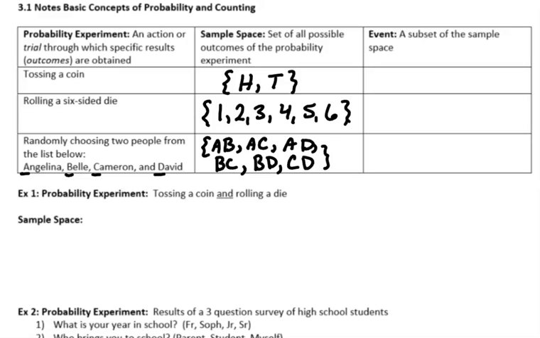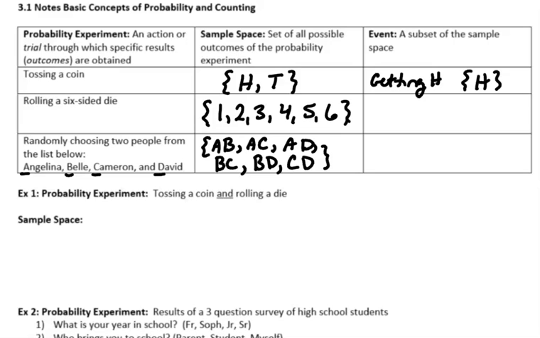Now, an event is defined as a subset of the sample space. So for tossing a coin, an event might be getting heads. Then my event space would just be heads.